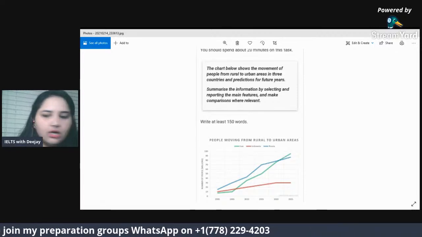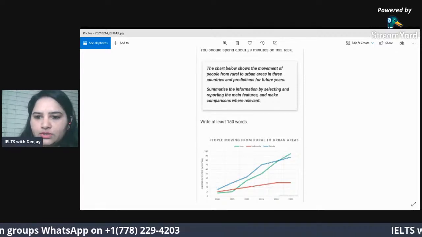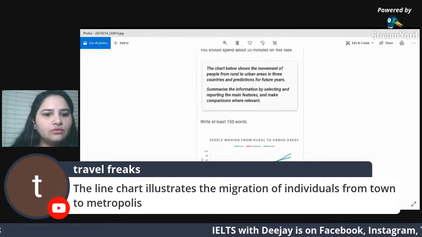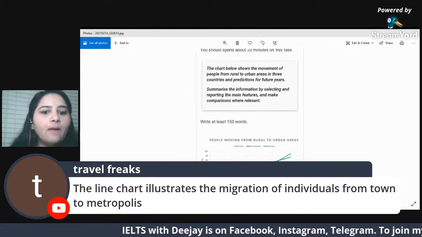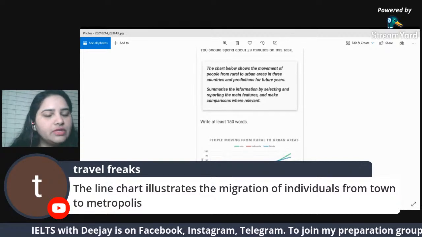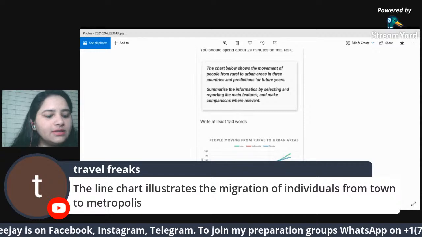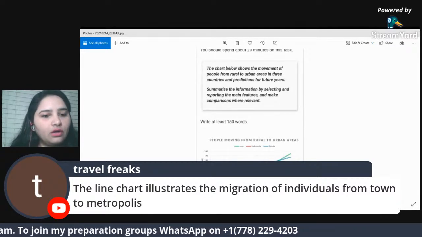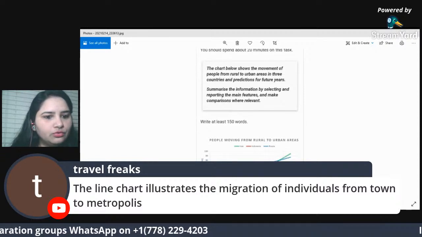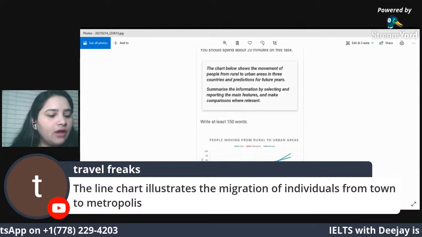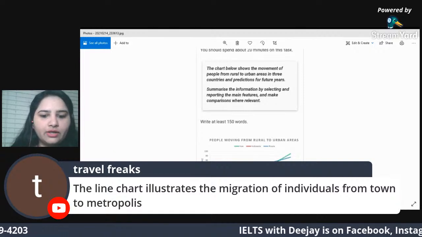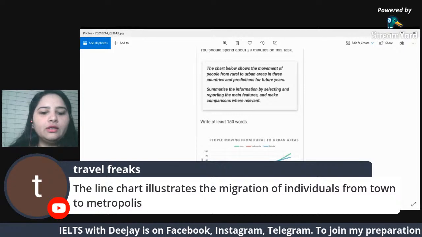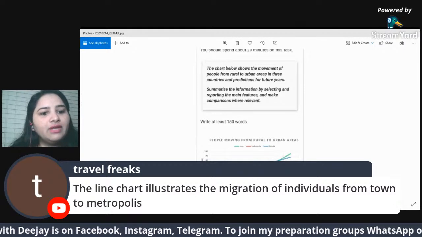Okay. The line chart illustrates the migration of individuals. Yes, migration of individuals from town to metropolis. Good. But you haven't written the years, you haven't written the countries. All these things need to be there because we have to give all the information, all the keywords we are seeing in the graph. And they are talking in millions, so you have to write millions as well.